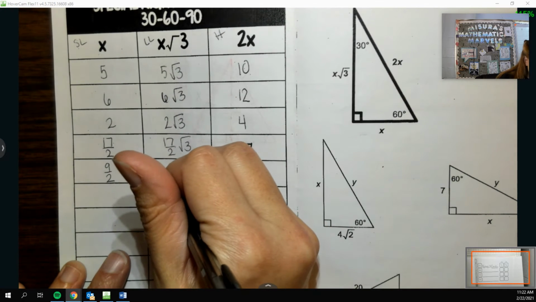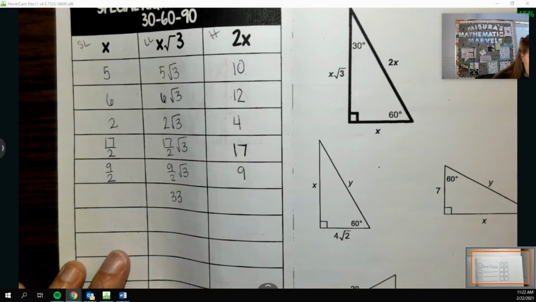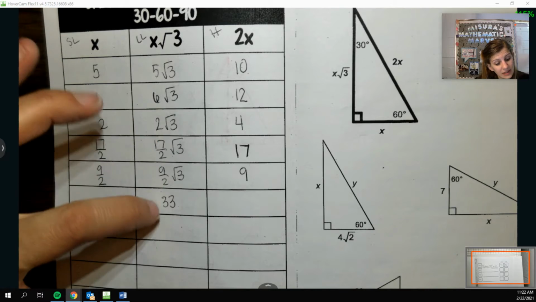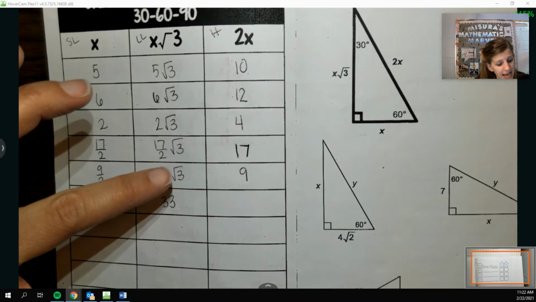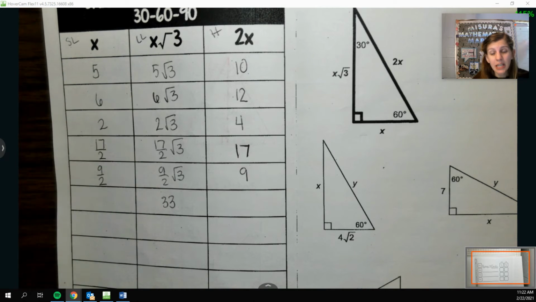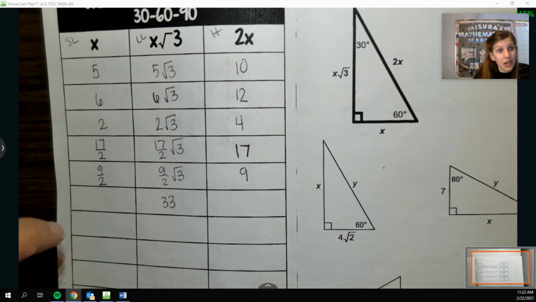So let's say, for instance, we had 33 as that long leg, which is different than all these other ones because they all had a root 3 on it. And when I was going back to this one, I was kind of just taking the root 3 off. But taking a root 3 off isn't really a mathy thing to do.